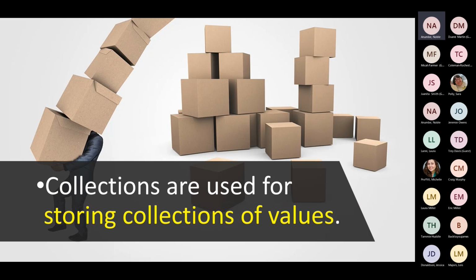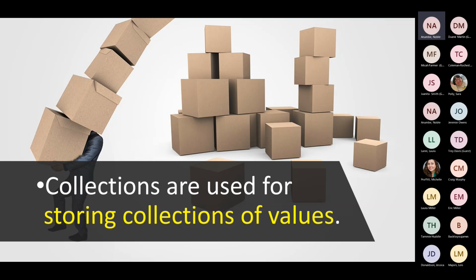And there are a couple of types that we generally refer to as collections. We call them collections because they are used for storing collections of values. We can put together a bunch of values and then store them in this, and that's why we refer to them as collections.